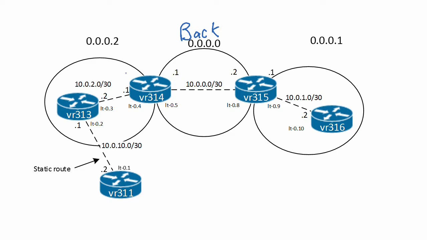These are ABRs, area border routers. And then of course, right here, we have an ASBR, an autonomous system border router, because it's bringing in these static routes from this external router, external to the OSPF network. So this is an ASBR.